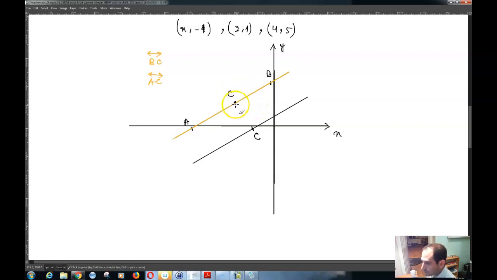So in that case, of course the 3 points or any other point that you pick on this line is going to be collinear.